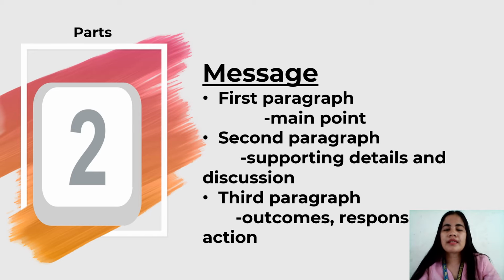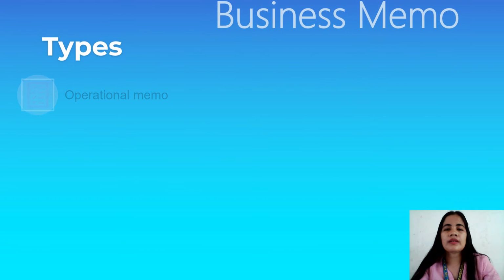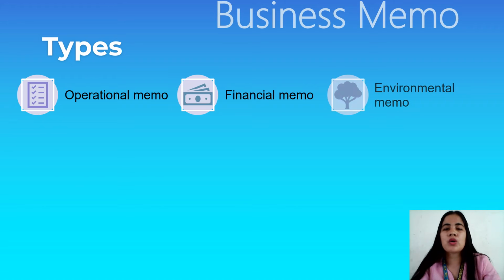Second part, message. So what is the content of the message? The first paragraph, the main point. Second paragraph, supporting details and discussion. Third paragraph, outcome, response, and action. So that is the second part of the memo, the message. Types: we have different types of business memo.